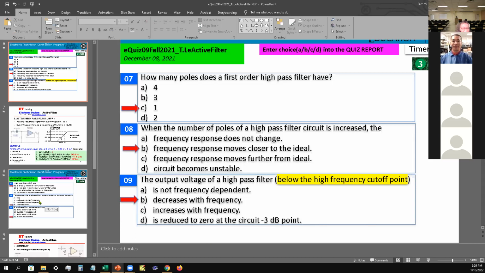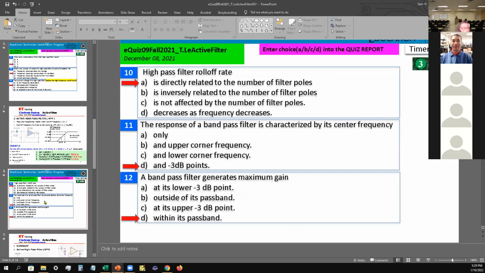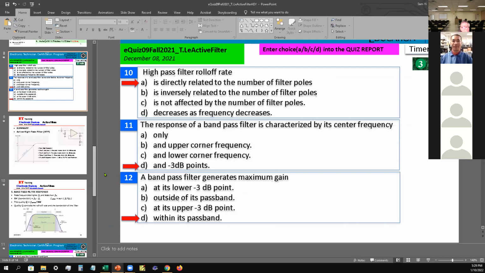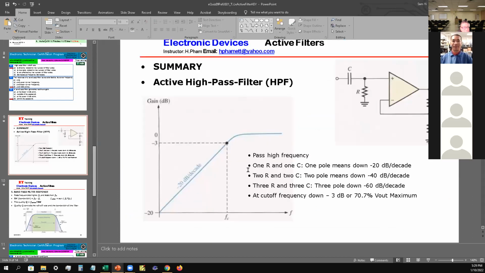Okay, the next set, number 10. High pass filter roll-off rate is directly related to the number of filter poles. So the answer is A, as in apple, like we mentioned here. So for high pass, 1 pole decreases by 20 dB, 2 poles minus 40, 3 poles minus 60 dB.